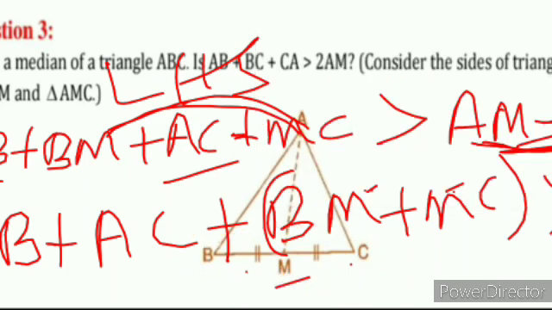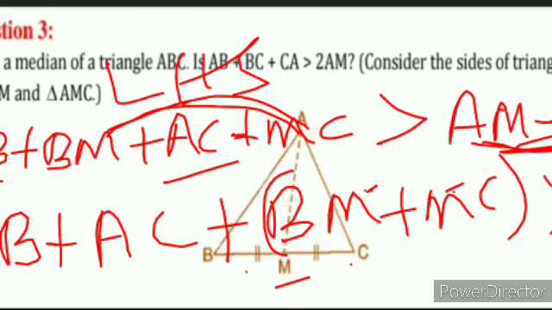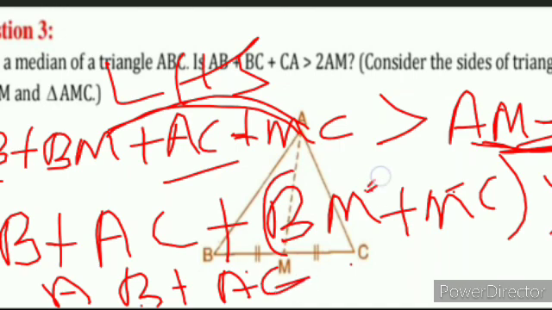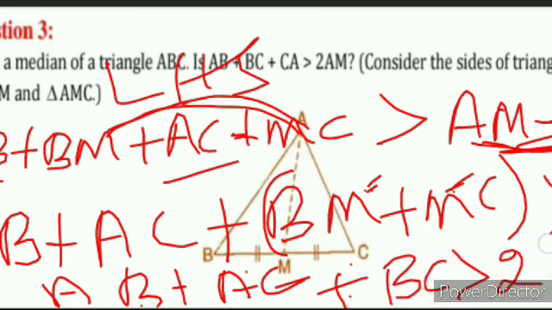AB plus AC, write as it is. BM plus MC is what? If you add the 2 sides, we get BC is greater than 2AM. The right hand side, write as it is.